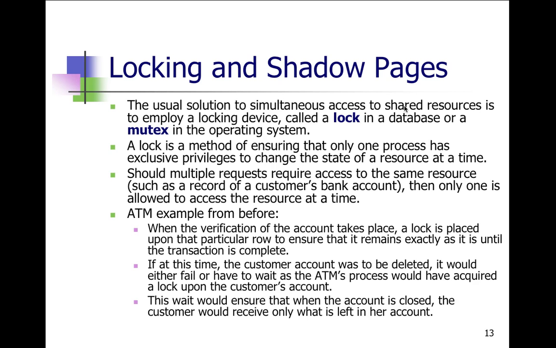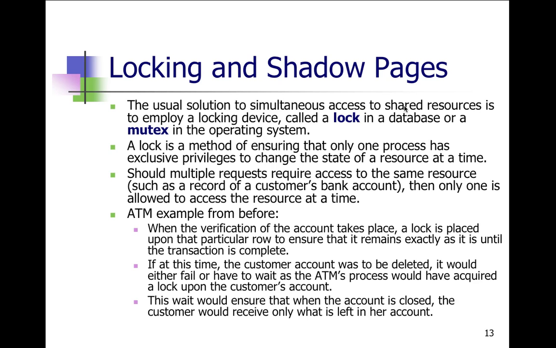The lock is a method for ensuring that only one process has exclusive privileges to change the state of a resource at a time, which means you have a mutual exclusion. You've got a critical section of the program and only one thing is going to go in and touch it. That's what happens when you put your card into an ATM machine and open up your account: somebody else can't do the same thing anymore.